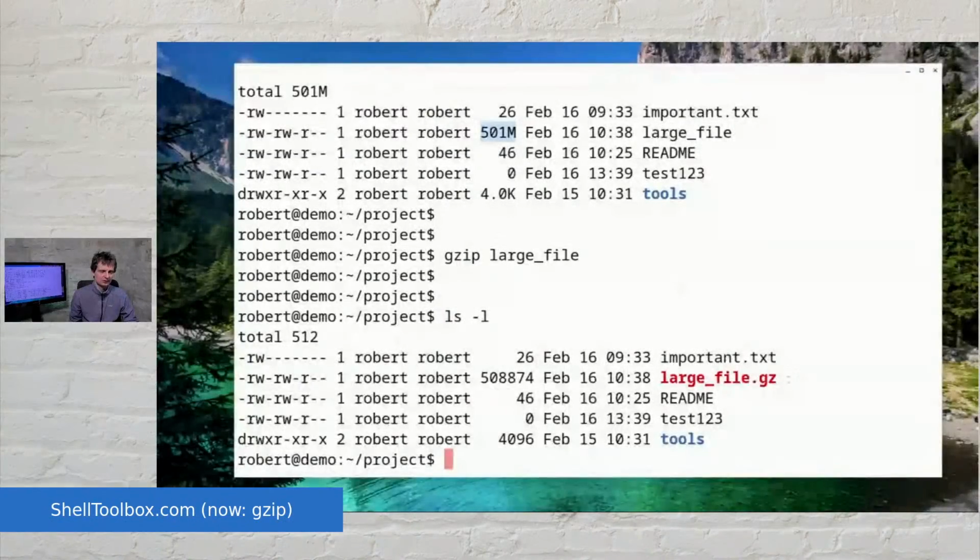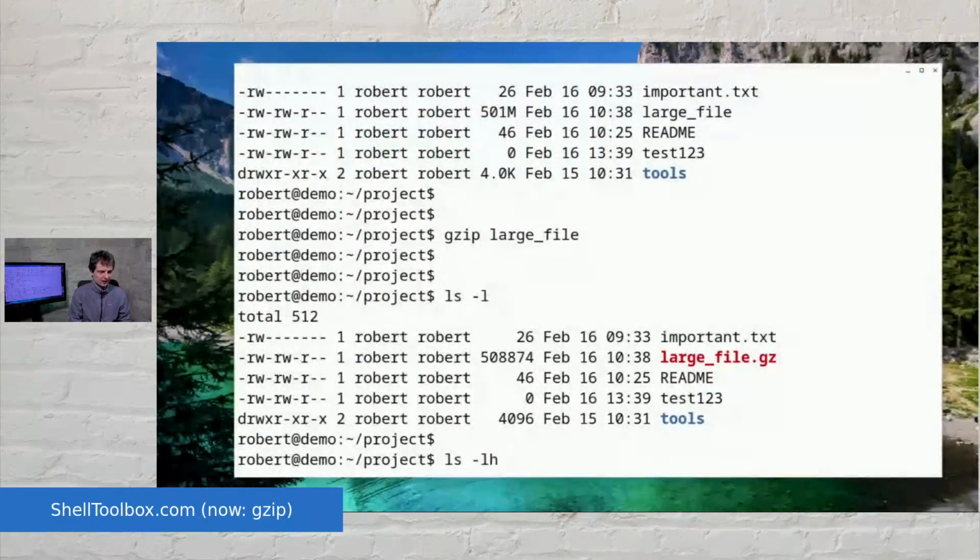And now let's have a look. Now the file is compressed. The original file isn't within the directory anymore. The file was replaced by its compressed version, and the file now has the file name extension .gz. What's the size here?